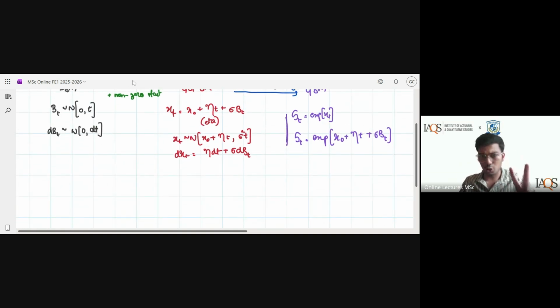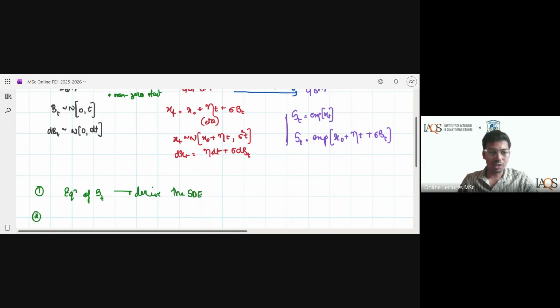So there are two parts to the derivation. The first part is where I'll use the equation of St and derive the SDE form of St. The second part is from the SDE, I'll derive the integral and distribution form of share price process.